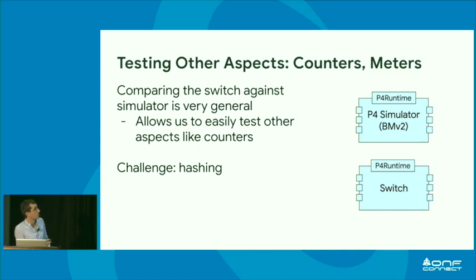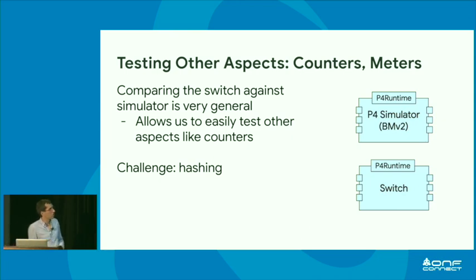For instance, if you want to test whether the counters are incremented correctly by your switch, you can install a number of table entries on both of these switches, send some traffic through them, and then compare the counters at the end. And actually, what we do for testing counters is we use the exact same packets that we just came up with to test the forwarding behavior, to also make sure that the counters are incremented correctly.